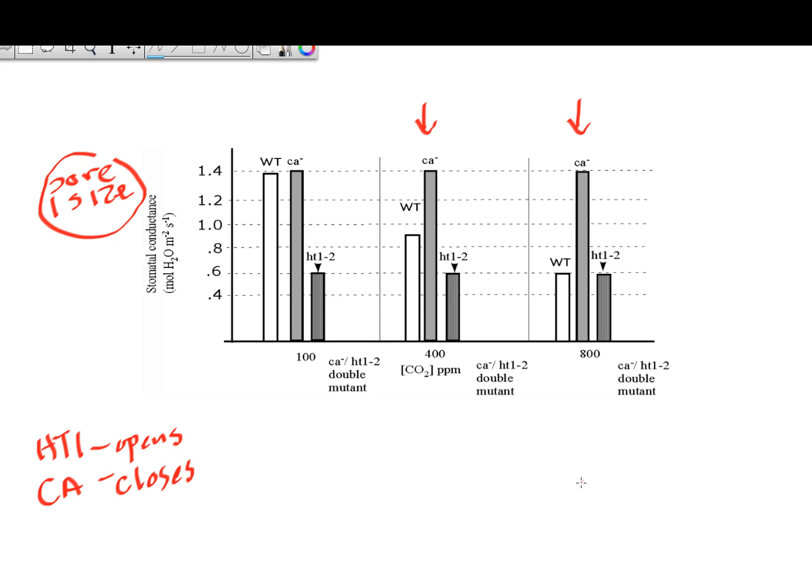Okay, so then if I draw this pathway in the two possible ways it might work, either, let's say, HT1 regulates Ca, which leads to either the opening or the closure of stomata. And just say, for this one, it's closure.